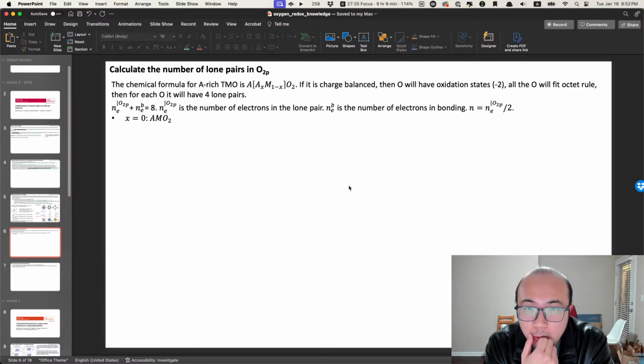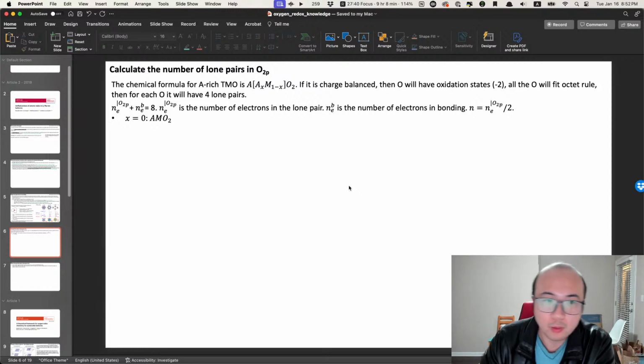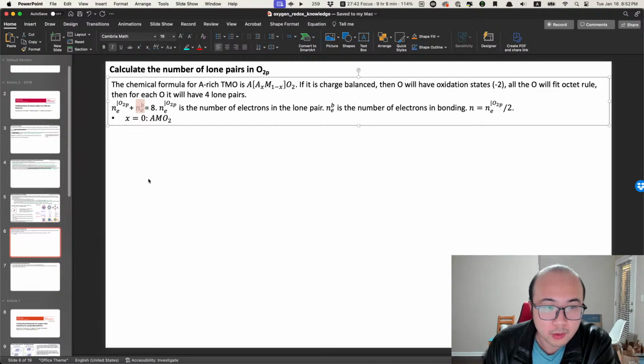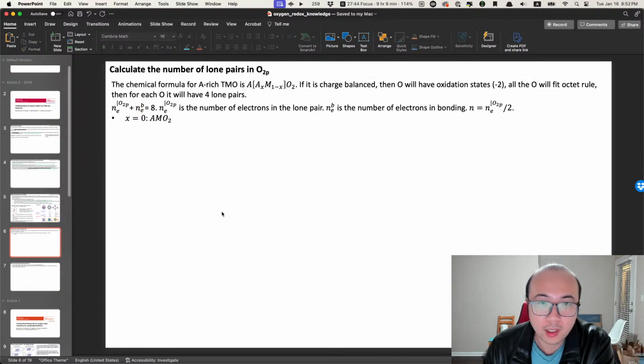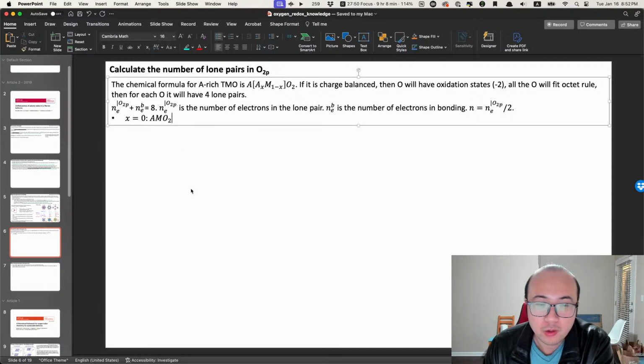Then I think the question would be, how do I calculate this one? How many electrons are actually bonding? So x equals 0 is this one.